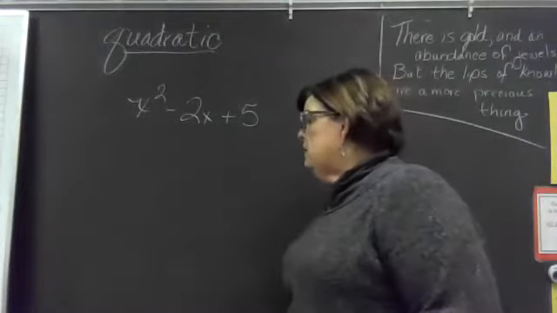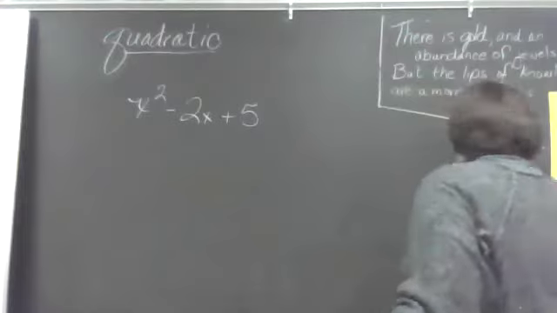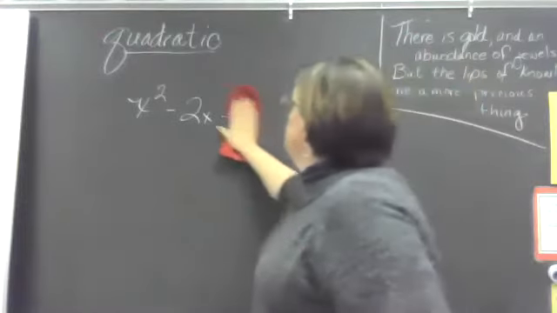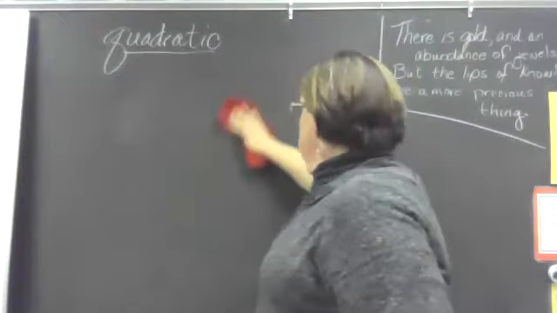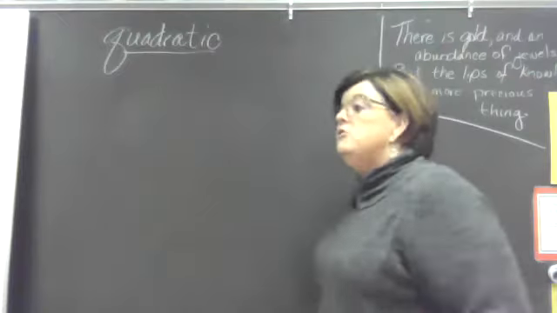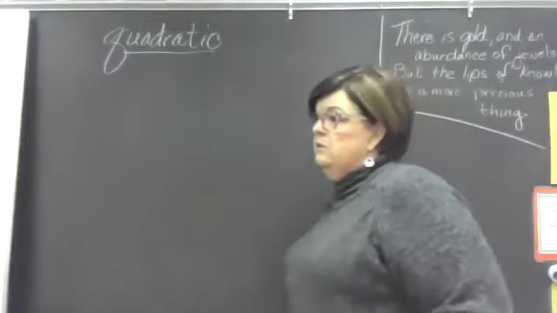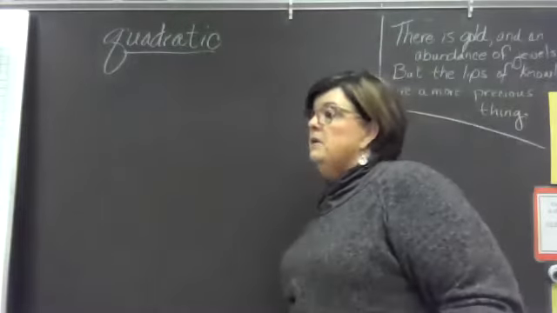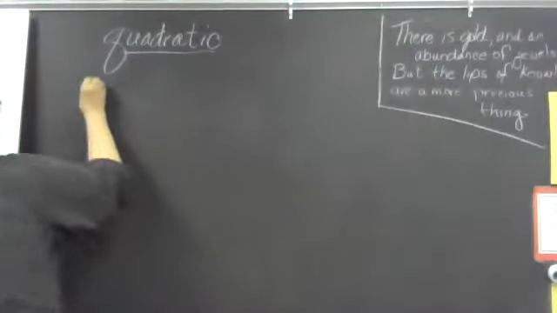So quadratics. Now, there's a lot of things you can do with quadratics, and we'll hit that in the quadratic section. But right now, we're going to do our first step in solving quadratics. There are several different ways that we can solve quadratics, but today we're going to solve it by the square root property.